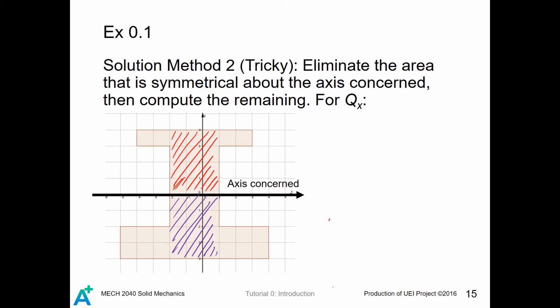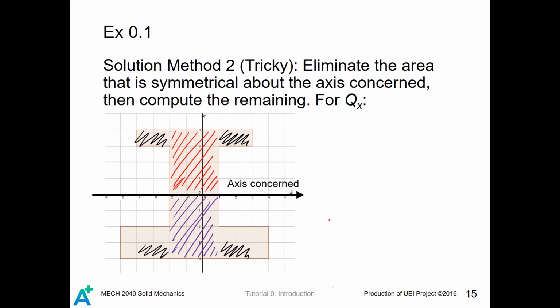Some of you may ask me, okay, if you want to eliminate the symmetrical region about the axis concerned, how about eliminating those two regions above and those two regions below? Well, basically you are correct, you can do that, but I don't recommend it because it will make our calculation even more complicated.